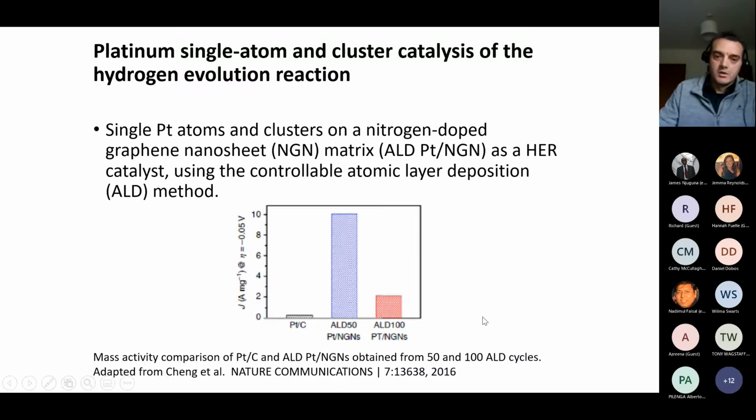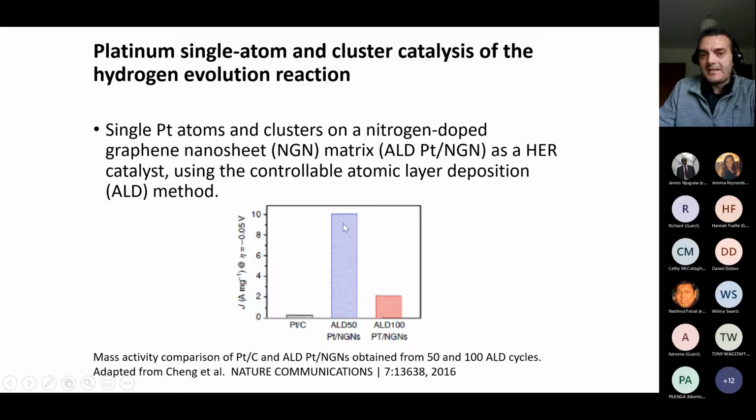They used ALD, atomic layer deposition, of platinum on nitrogen-doped graphene nanosheets, and 50 and 100 are the number of cycles they used. They saw that 50 cycles gave the best results. This is obviously quite encouraging, especially for the hydrogen evolution reaction we are talking about.